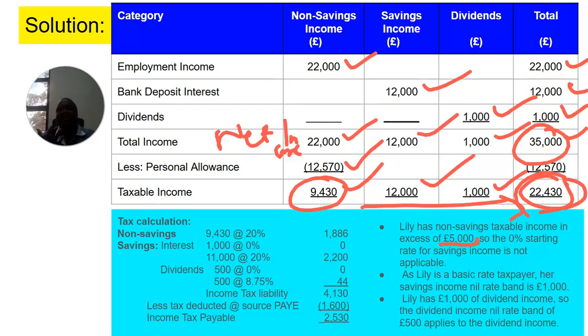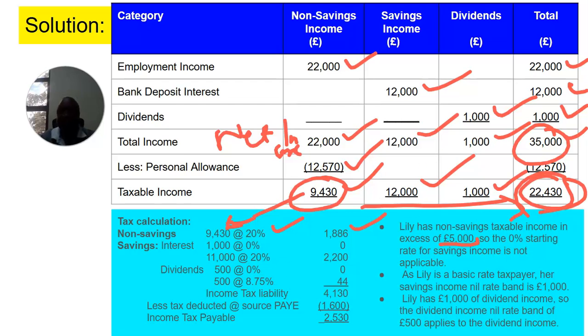Therefore, she is not entitled to the 5,000 benefit. She's nowhere near. So we are going to first compute the tax on the non-savings income. Here, as you can see, 9,430 is subjected to 20% tax for basic rate taxpayers, and she has to pay 1,886 on that income.